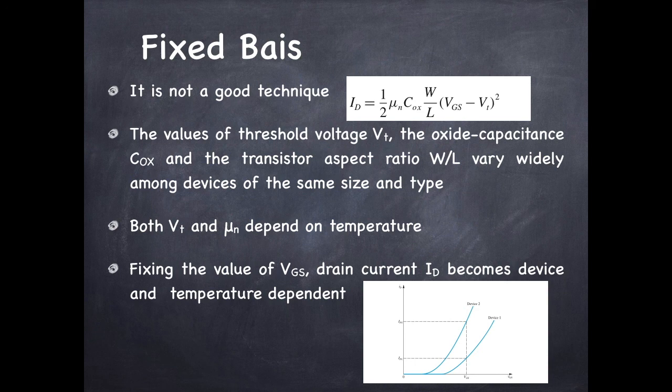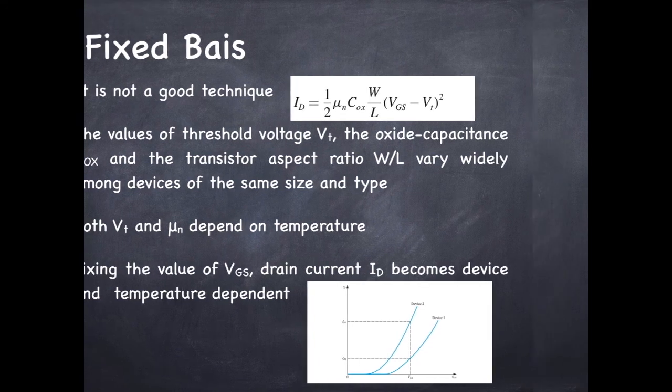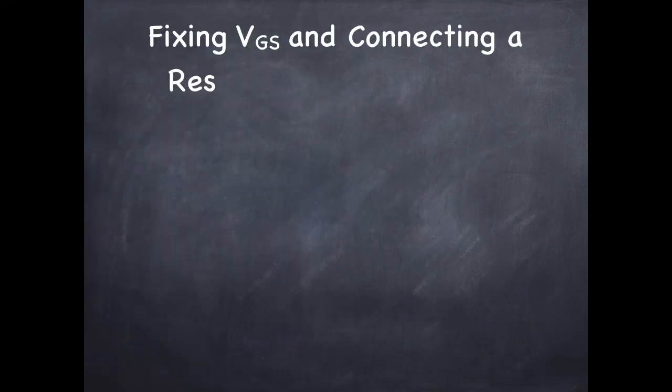And the focus of a biasing circuit is to locate the Q point and stabilize it against the parametric variation. You can observe from the curve that there is a large variation in the drain current from device to device. This is the reason this technique is not used at all.